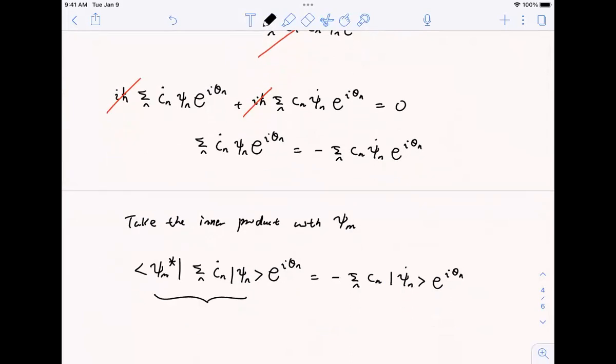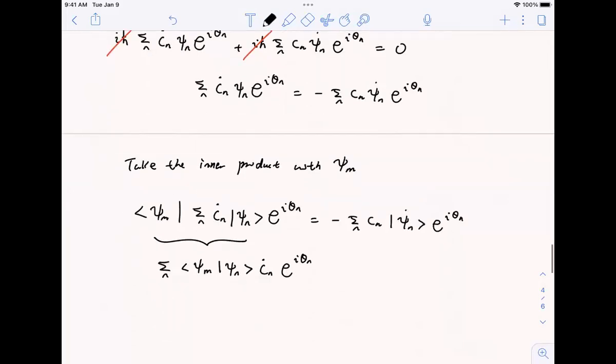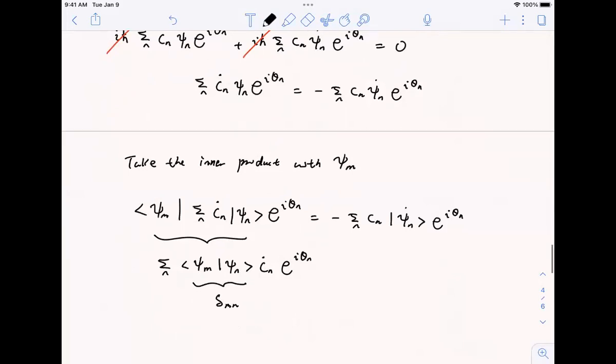For this one, you move the n outside. You don't need complex conjugate, it's already the bra state. And then this one will be delta mn.